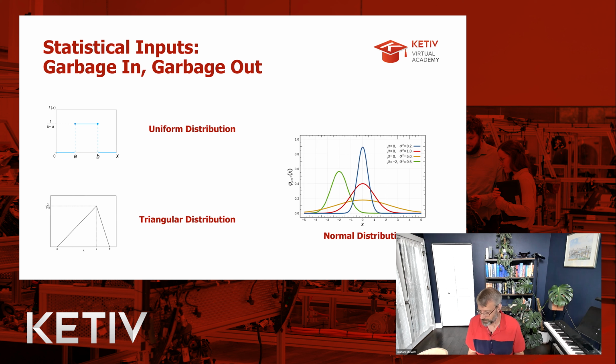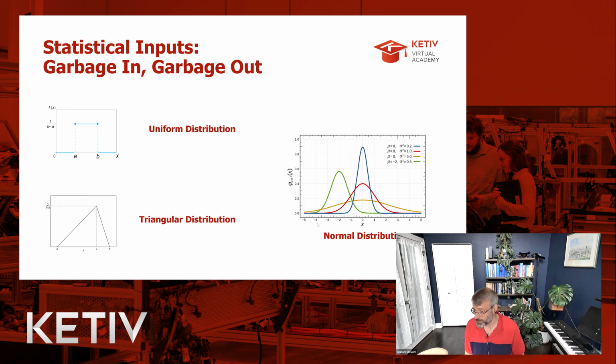Or is it actually plus 0 minus 1 or plus 5 minus 0 or whatever? So it could be skewed, it could be not, but you want to really try and understand those distributions and make sure they're correct in terms of ensuring Six Sigma validation of your Monte Carlo analysis.